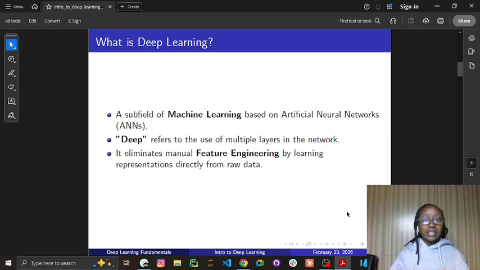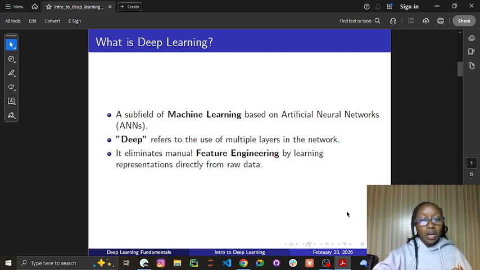At its simplest, deep learning is a subset of machine learning that uses artificial neural networks with multiple layers, hence the word deep, to represent increasingly abstract data. Today we are going to walk through the architecture of that thought process.